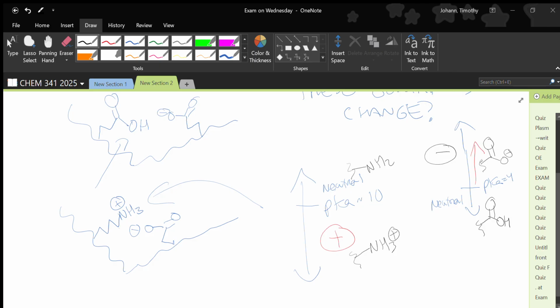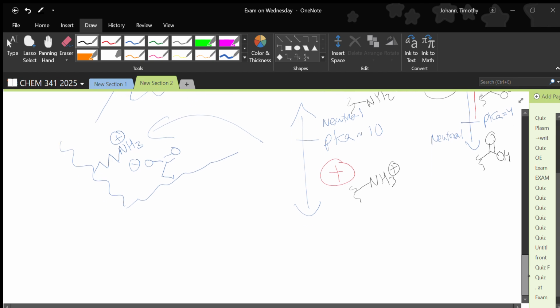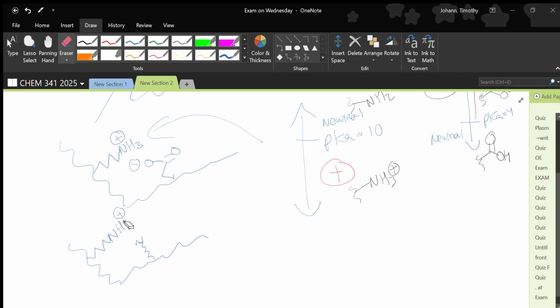What if instead of the negatively charged aspartate, you had another positively charged lysine? That's a good question. Would one of them favor the neutral state, and then one also favor the neutral state? Yeah, let's think about that. So let's go ahead and put one lysine there, another lysine right here. That's too many carbons. Hold on, let me fix it.